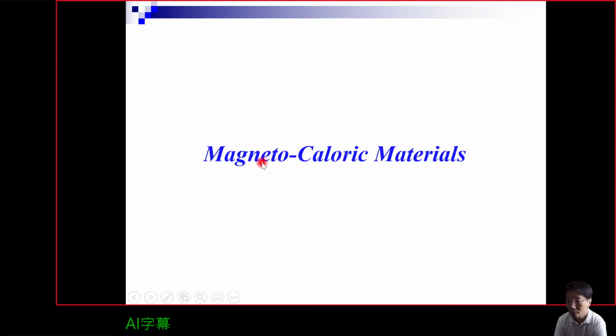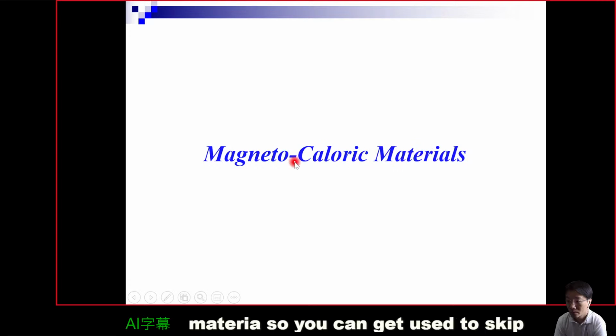As its name suggests, the magnetocaloric material uses a magnetic field to decrease or increase its temperature. So you can imagine using that to heat up or to become a refrigerant.